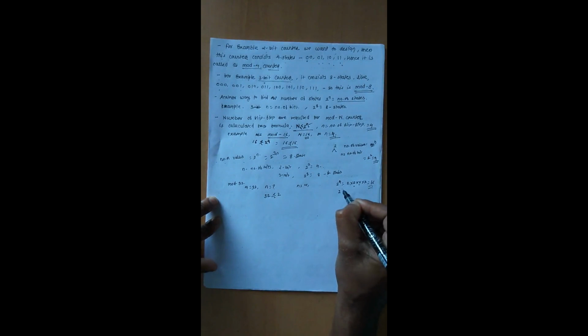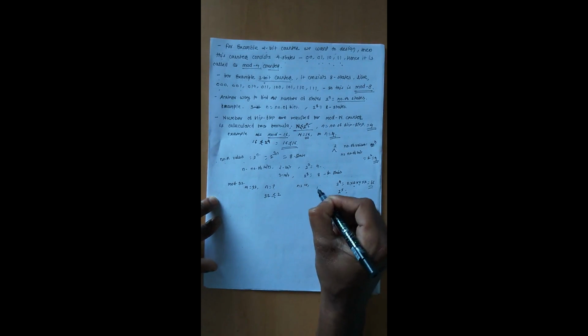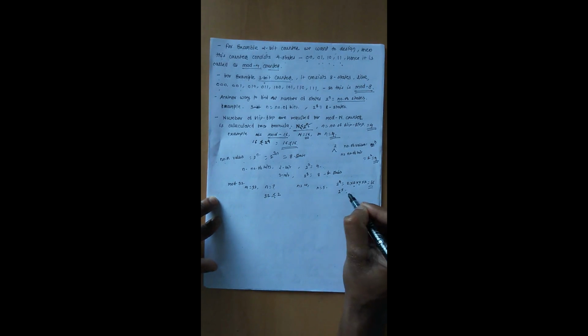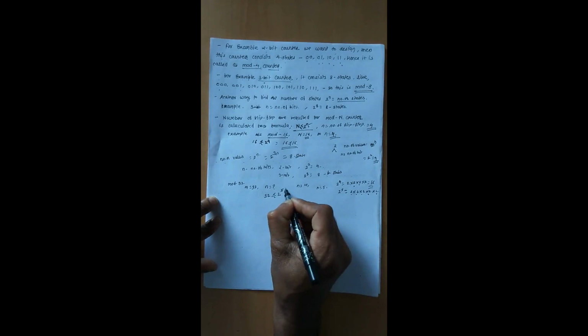So we will increase one more flip-flop, n is equal to 5. So 2 raised to 5 is 2 into 2 into 2 into 2 into 2: 4, 8, 16, 16 into 2 is 32. So we require 5 flip-flops to count up to 32.